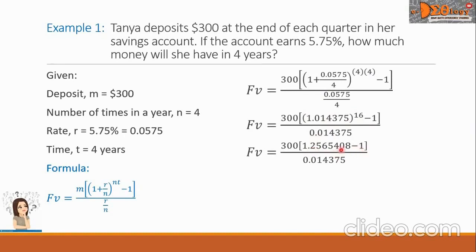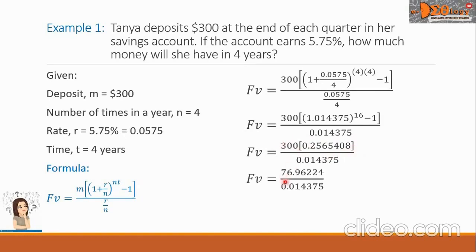So it means to say this whole number 1 here and the negative 1 here will cancel each other. Only the decimal will remain. So we have now 0.2565408. We will multiply this decimal with the 300.